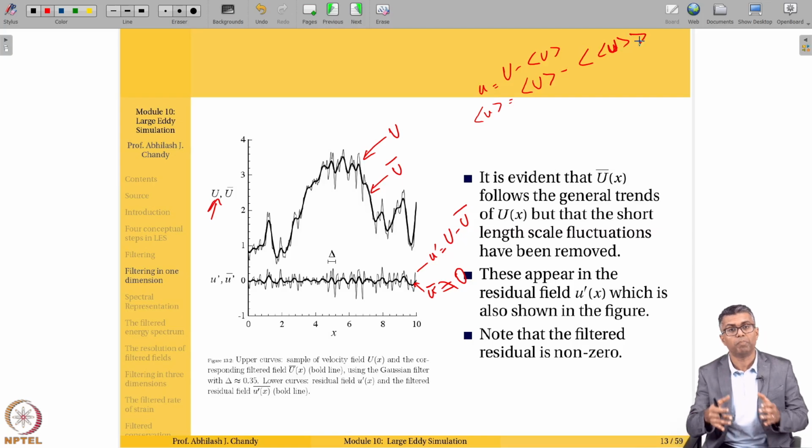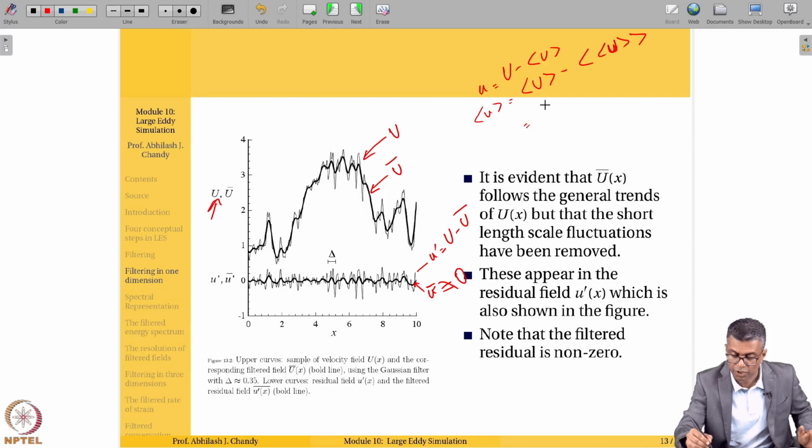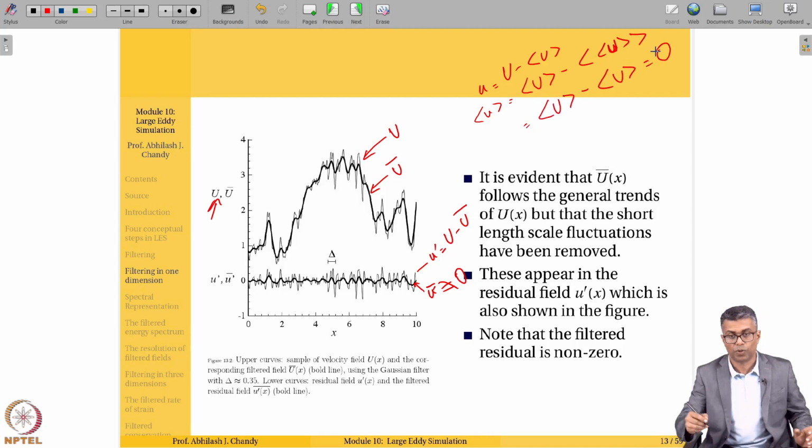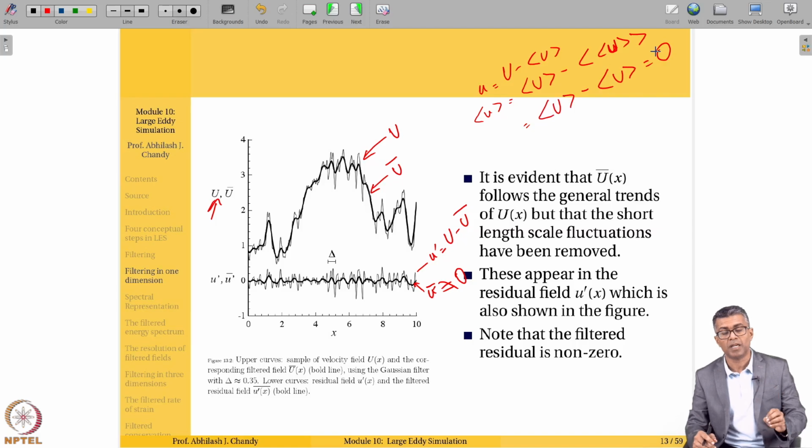And mean of U mean, because you're taking an averaging in time, becomes U mean itself because the mean is unique. So U mean minus U mean is equal to 0. So that is how you get the mean of the fluctuation being equal to 0 in Reynolds decomposition.